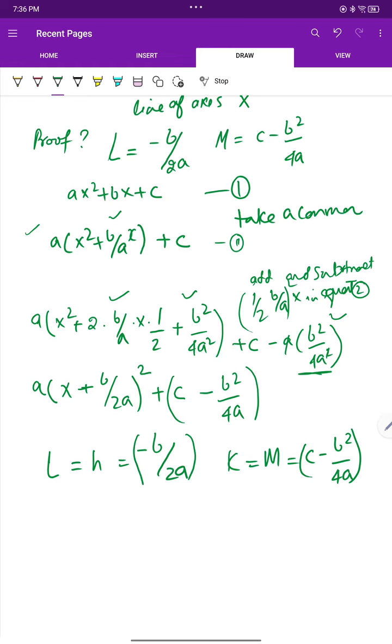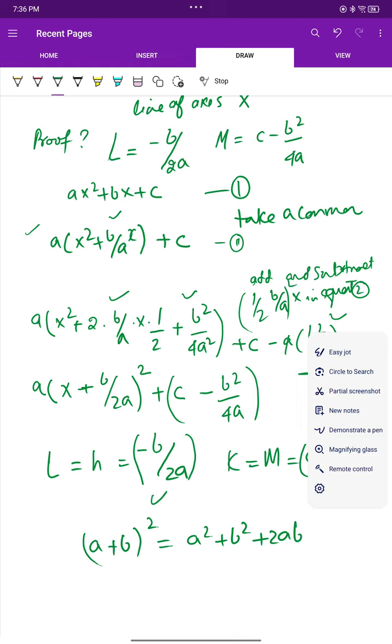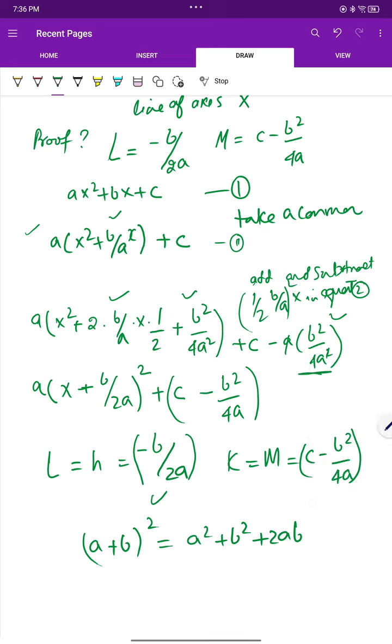So this is the vertex of the parabola. This is the only condition that we have to make. Like if you are given a² + b² + 2ab, you have to make it. We did this one, but actually we do not have this term, we have only ab. We also need the 2, so we did this one here and then took these two terms.